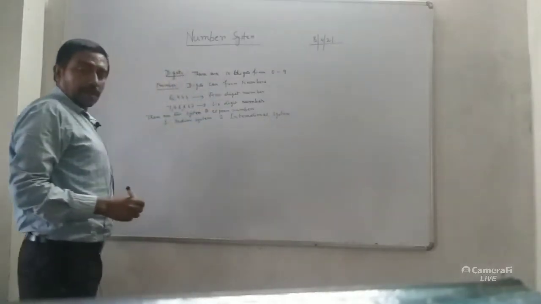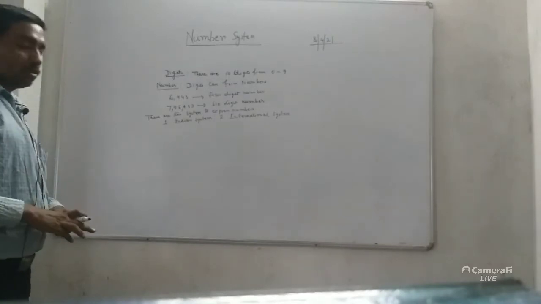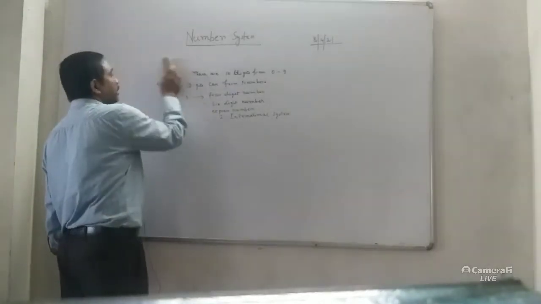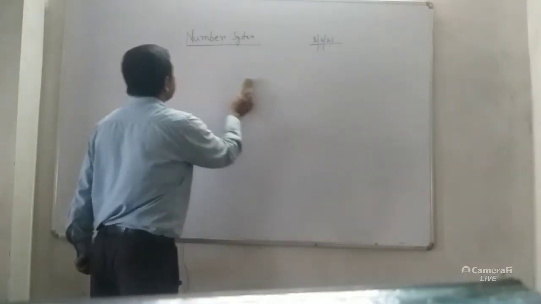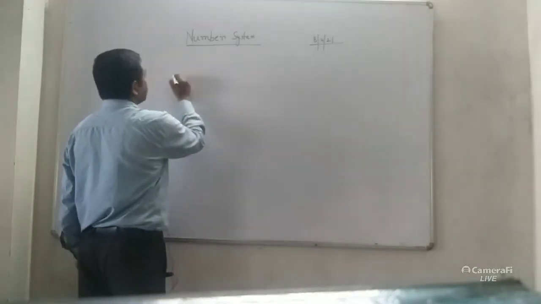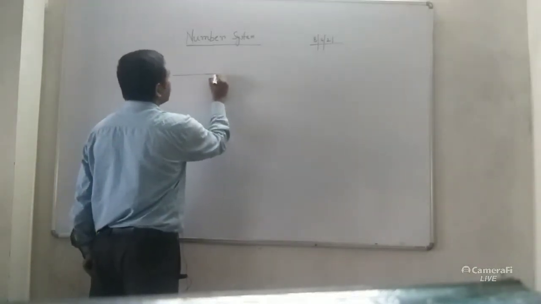Both the systems have a place value chart. I will show the Indian system first. Look at the place value chart in the Indian system. You can draw it in such a way.